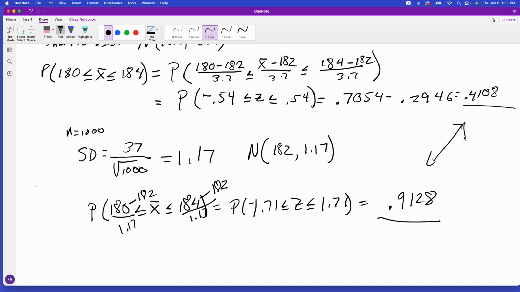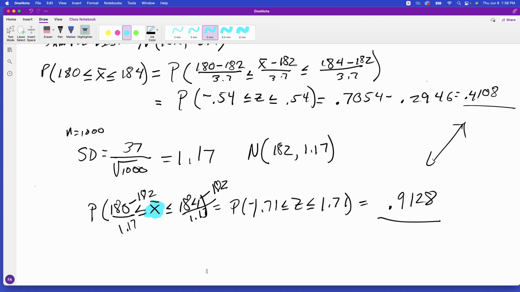The larger the group, right? Spend a little bit of time focusing on what that means. But if we're choosing 1,000 men from this population, the probability that the value of X bar, okay, this is what we're referring to.